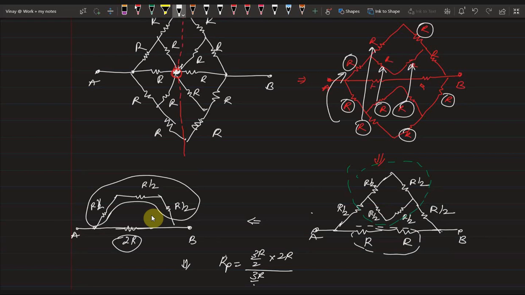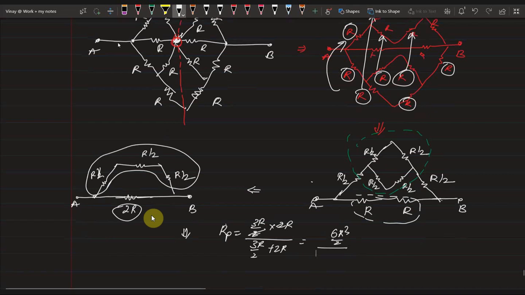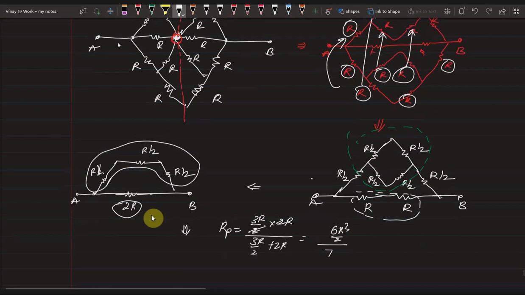That can be taken as cancel 2 and 2, or else you can write it as 6R square by 2 divided by this value will be how much? 2 2s are 4, 4 3s are 7. So 7R by 2. Cancel these two, R and R. Then 6 by 7R is the answer.